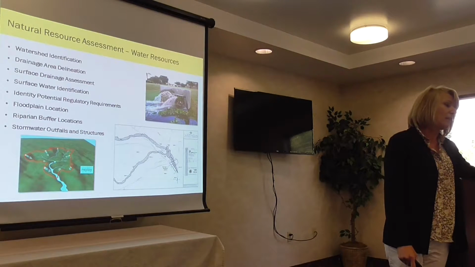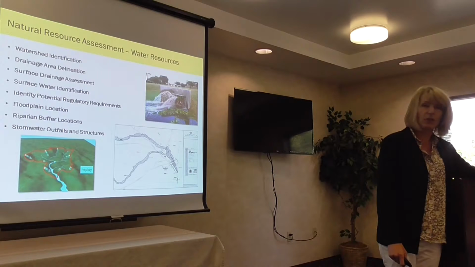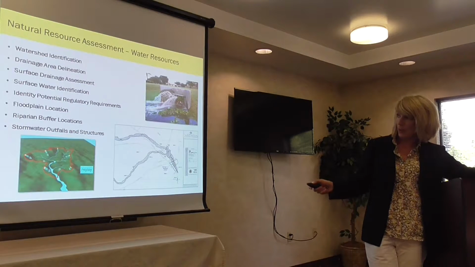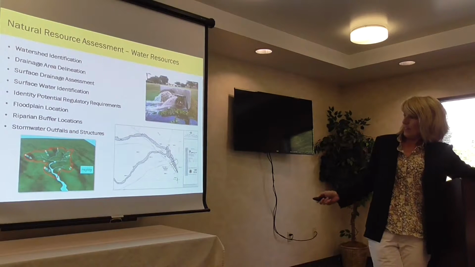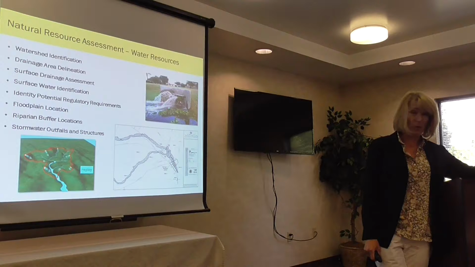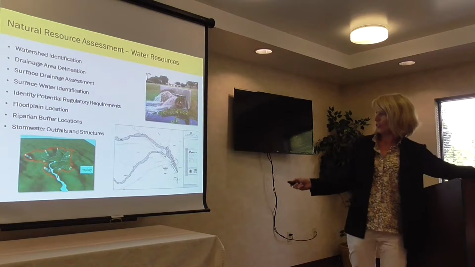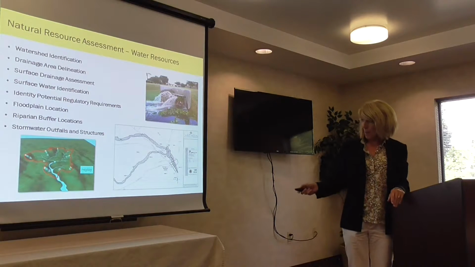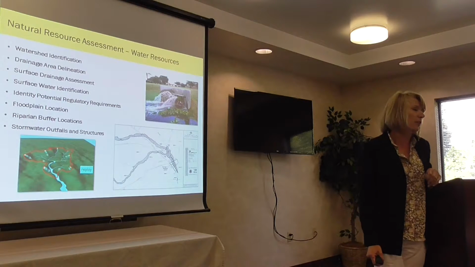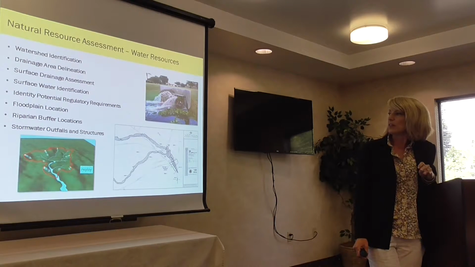The floodplain obviously has different levels of regulatory compliance associated with it, but understanding where both of those are. This is an example of FEMA, the Federal Emergency Management Agency, mapping, which shows mostly the 100-year and 500-year floodplain events.